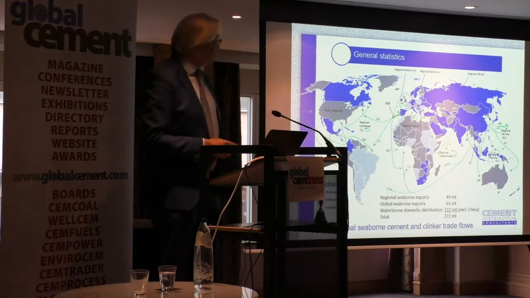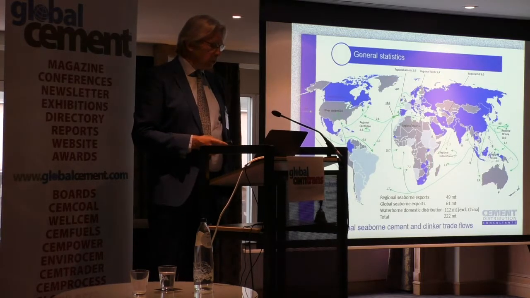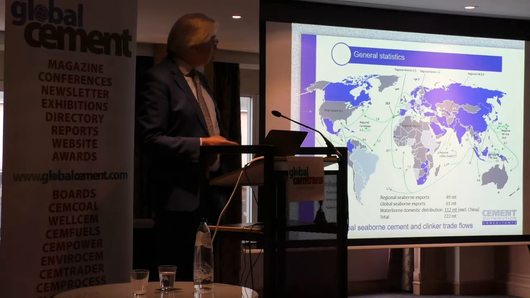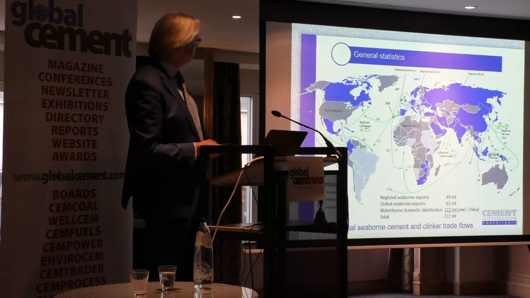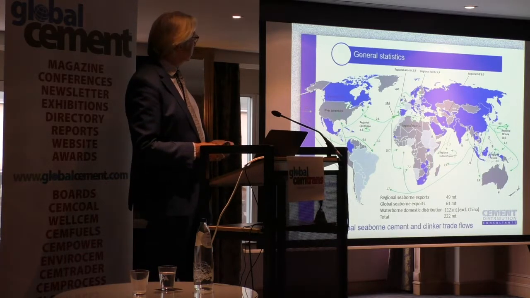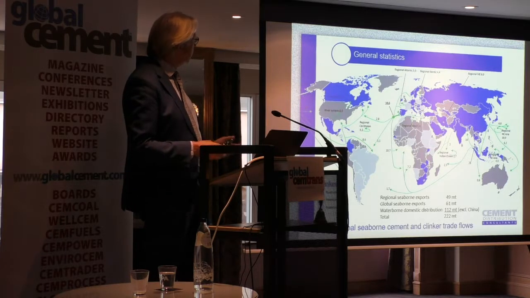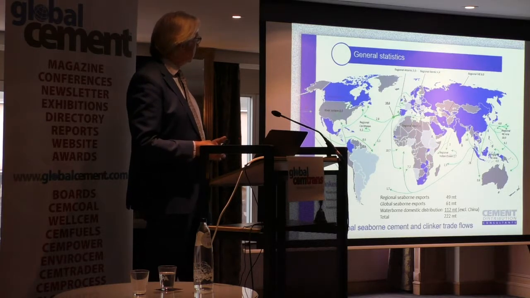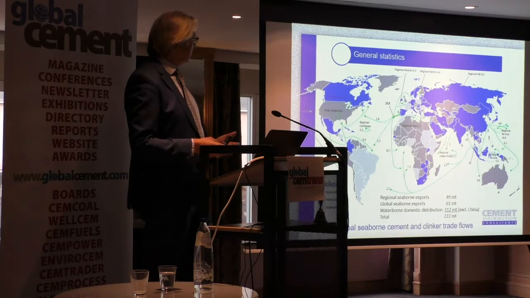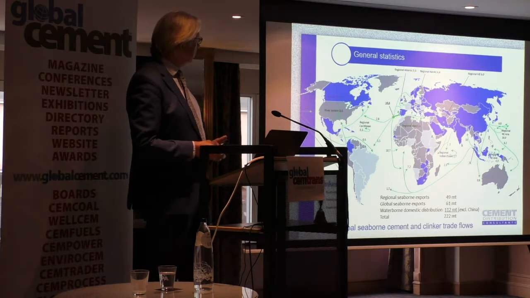Here you'll find the key routes in the global cement trade. The countries in blue are the countries which basically have a surplus and are involved in some exports of material. Gray countries have a deficit in either cement and clinker or both, and the light gray areas are more or less in balance.